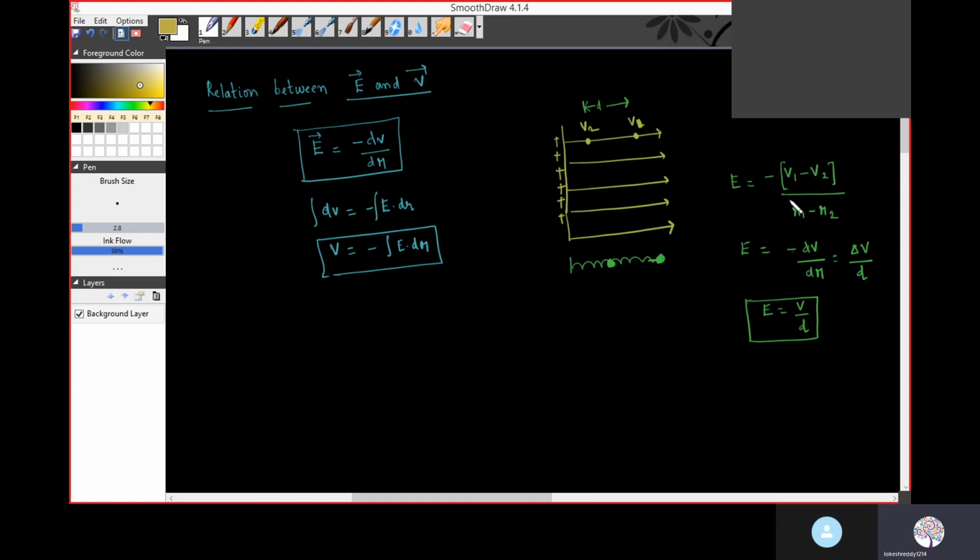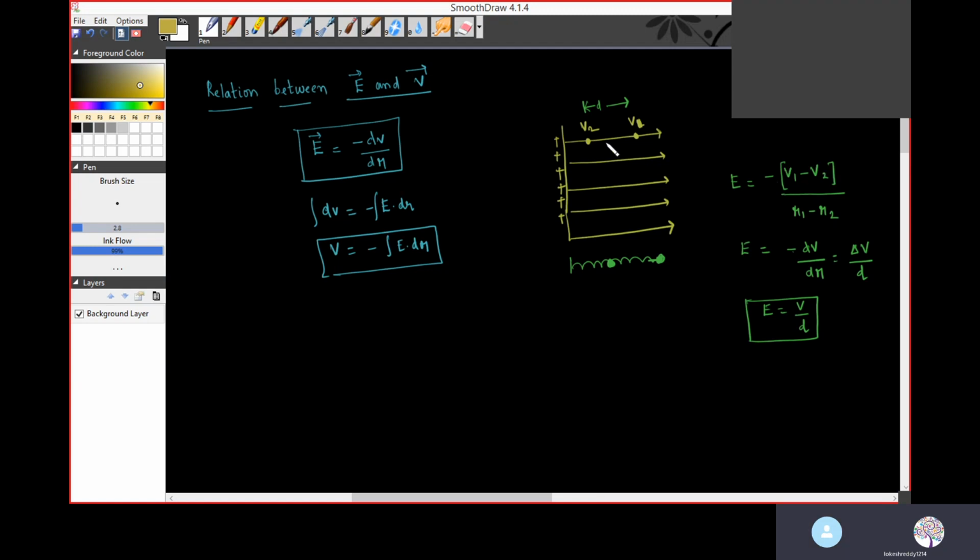Now you see here why minus we got, because here in opposite to the electric field, if you travel, then potential increases. In the direction of electric field, potential decreases. If you write V2 minus V1, then we will get plus only.